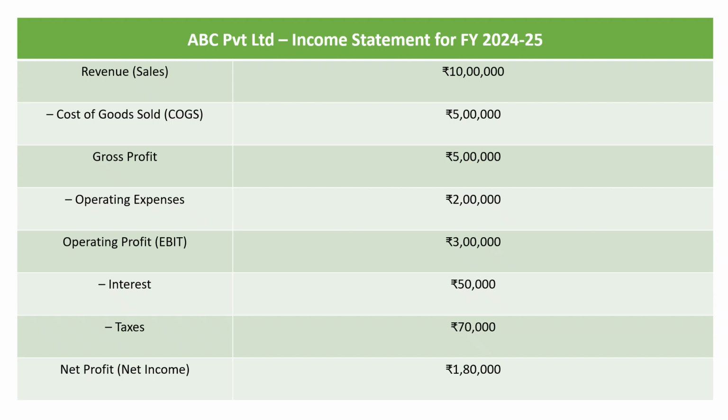Then we have operating expenses of 2 lakh rupees. Now to calculate the operating profit, we subtract operating expenses from gross profit, which comes to 3 lakh rupees. Then we have interest and taxes. Now we subtract interest and taxes from operating profit to get the net profit or net income, which comes down to 1,80,000.